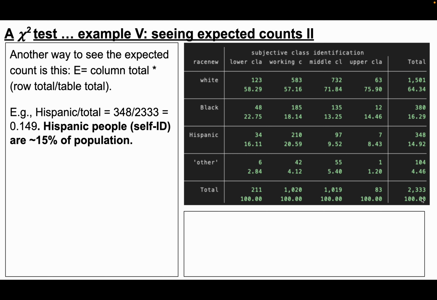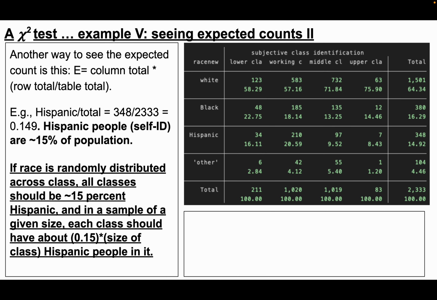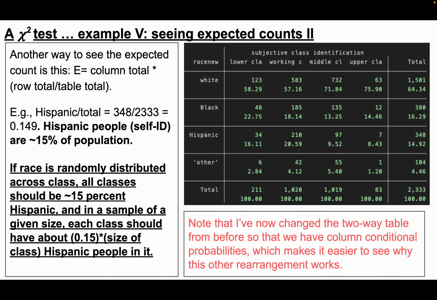So Hispanic respondents were roughly 15% of the population, or, I probably should put sample there, since that's making the jump from sample to population. Here we're not really questioning that directly, we're questioning something a little more specific. So then to find the number of Hispanic people who are, say, lower class, we would just need to multiply this number here, 15%, by the number of lower class people, and that should produce this number here.